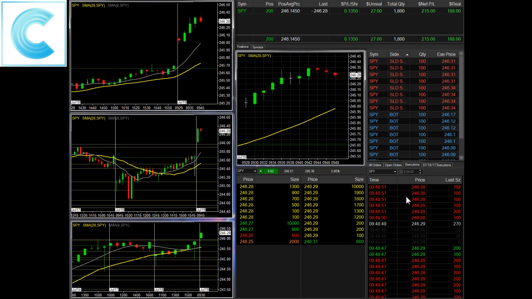Alrighty, so we do have a little bit of selling pressure here, as denoted by the red scrolling through the time and sales. A little bit of green, but not very convincing at this very moment. But we're going to see which one predominates this environment.